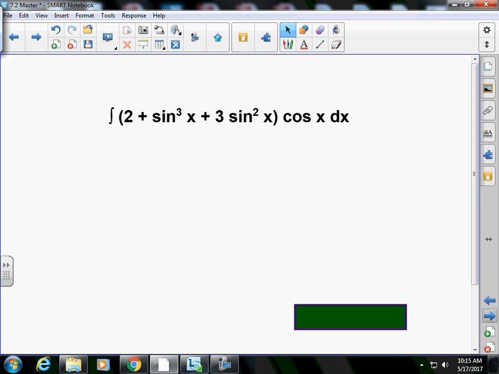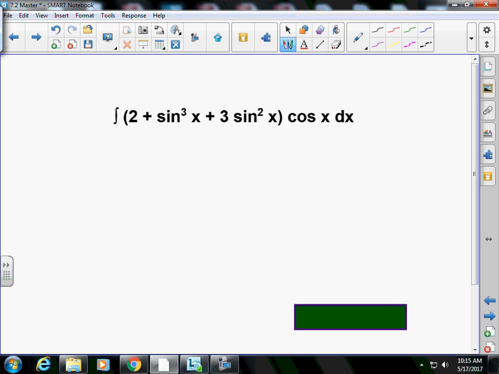And here, again, what am I going to pick to be u? I'm going to do the same u. I'm going to let u equal the sine of x. That means du has to equal cosine of x dx. So now I have a 2 plus u cubed plus 3u squared du.